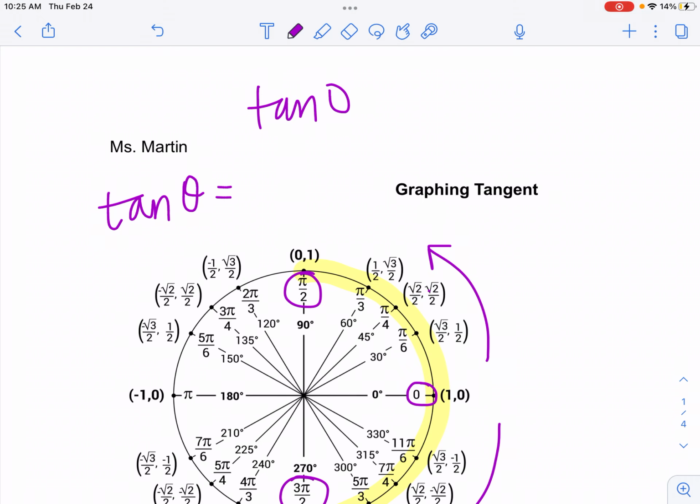Well, remember, tangent is the same thing as y divided by x. So if I were to ask you what is tangent of 0, you would come over here to where our angle is 0. You look at the y value, and you see the y value is 0. You look at the x value, you see that it's 1. So you do 0 divided by 1, which is 0, okay?